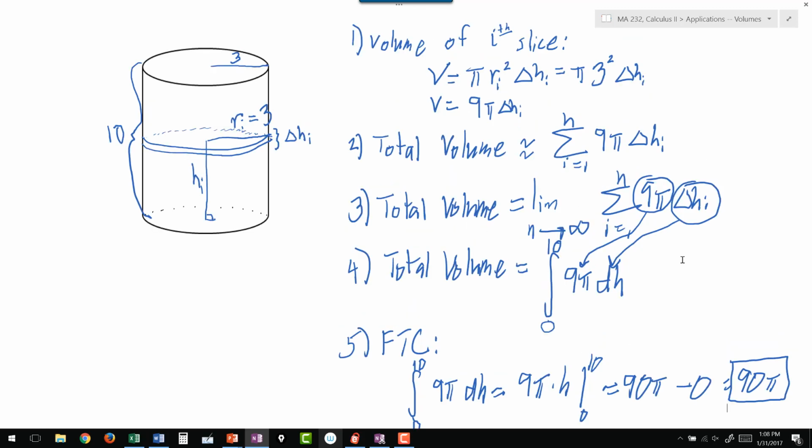Before moving on to the next example, I did want to note that I've been a little bit careless in the language that I've used in the setup of the problem in one place in particular. That is, in number 2 here, I said that the total volume would be approximately the sum of the disks. And I said that because that is how the problems will usually work.